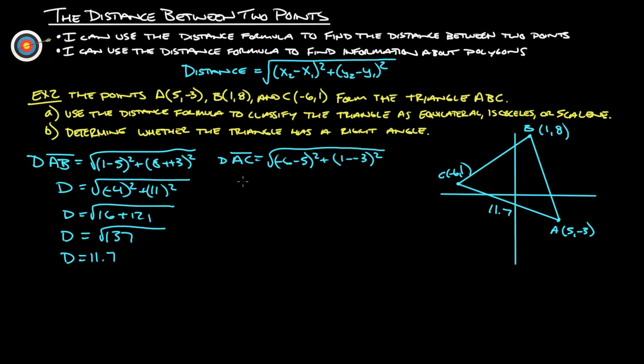All right, and so that gives us negative 11 squared plus 1 minus negative 3 is 1 plus 3 is 4 squared. So that gives us the square root of negative 11 squared. 11 times 11 is 121, and two negatives multiplied together give us a positive. And then 4 times 4 is 16.